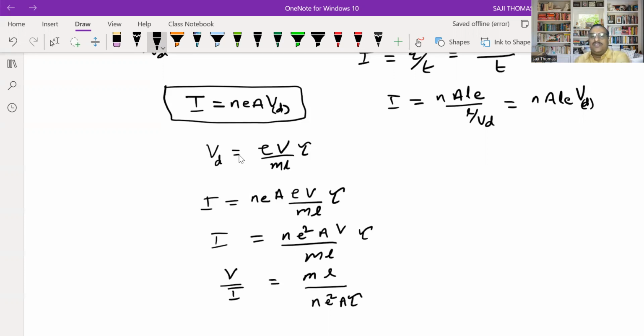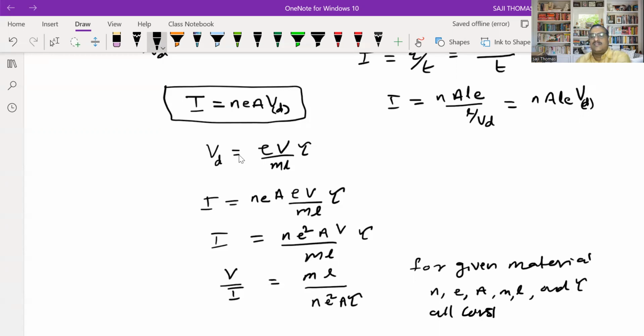See the right hand side of the equation: for a given conductor and material, n, e, A, m, L, and tau all are constant at a particular temperature.